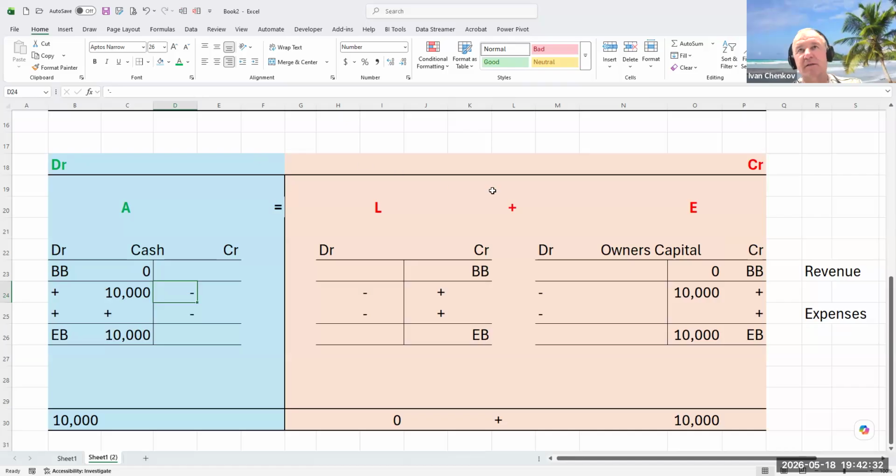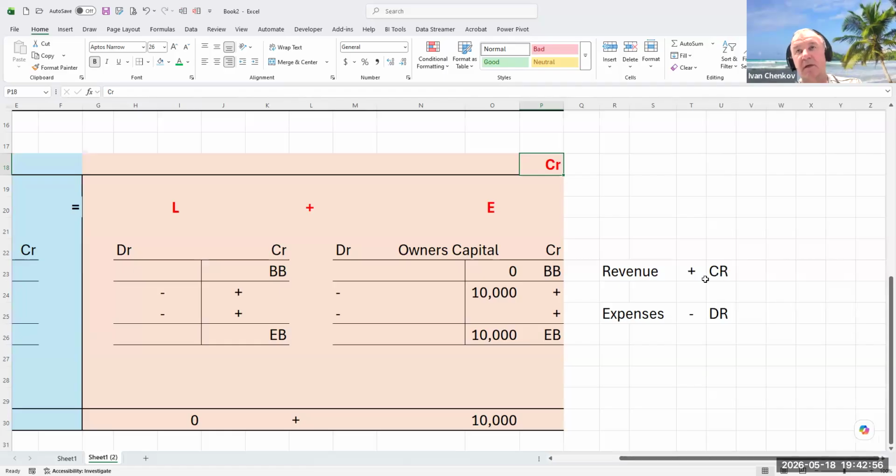Now we're moving to the other side of the equation. Liability and equity: normal balance is always credit. So if I want to increase the liability or equity, I put it on the credit side. If I want to decrease it, I put it on the debit side.